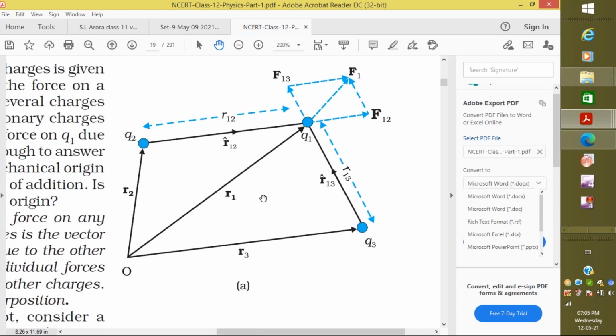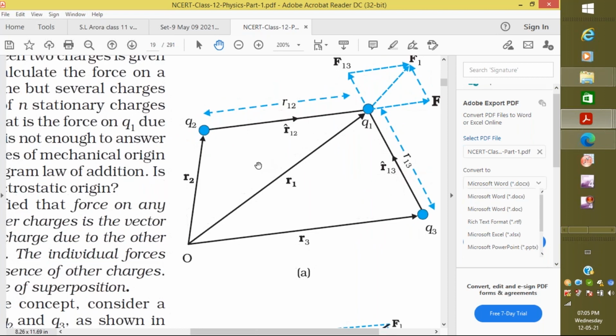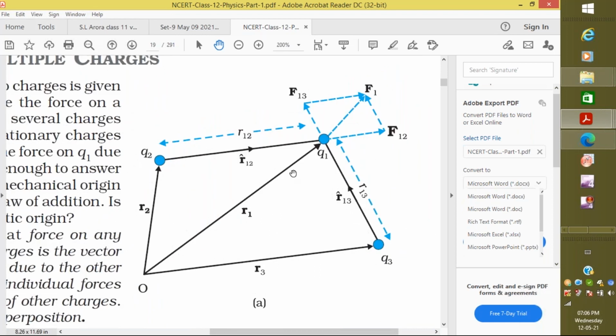Because there are charges, there will be force between Q2 and Q3, force between Q1 and Q2, and force between Q1 and Q3 as well. So how do you find the total or net force? In this case, there is something called the law of superposition.